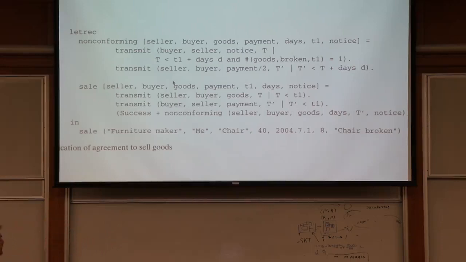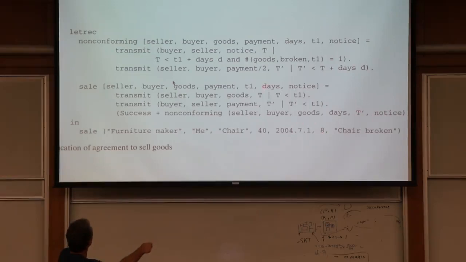That's the key thing. So half the payment at time T prime, and T prime must not be more than D days after T. And T is the day of the notice. Think of that, was it 14 days? I couldn't remember. Here it was called non-conforming notice. The notice is this one, chair broken.